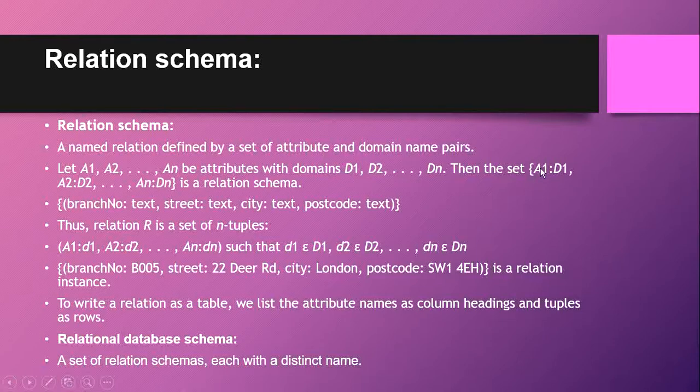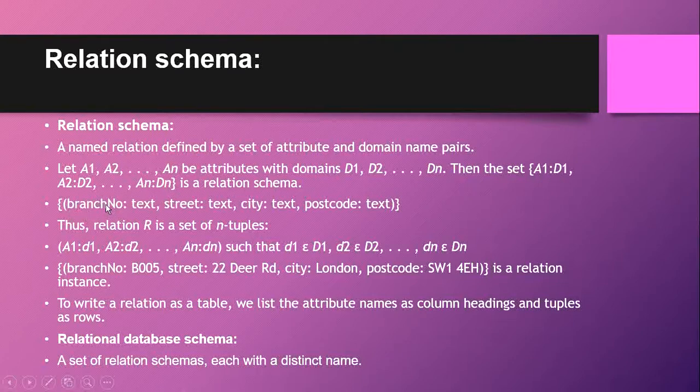So in the set, A1, D1 means A1 is the attribute having domain D1, A2 is the second attribute having domain D2, up to An and Dn. It can be any number. This n can be 4, 5, 6, 7, depending on the number of attributes we have in our relation. So a set of attributes and domains is a relation schema.